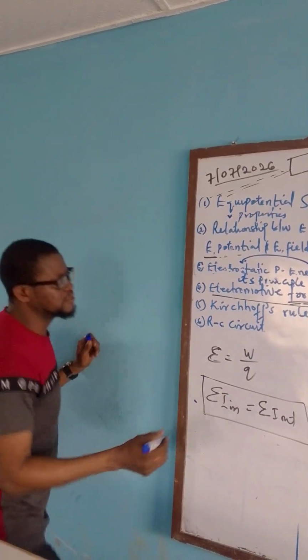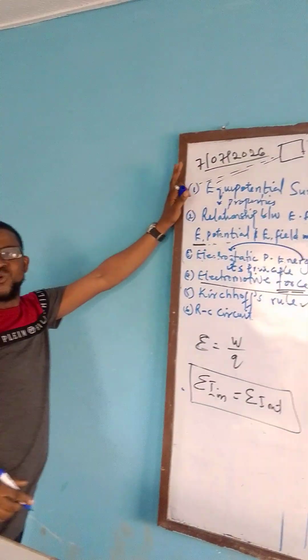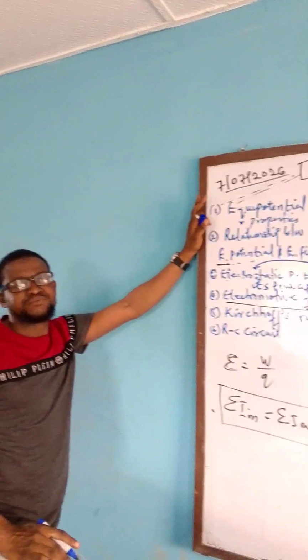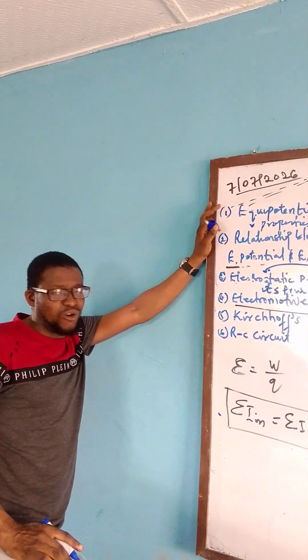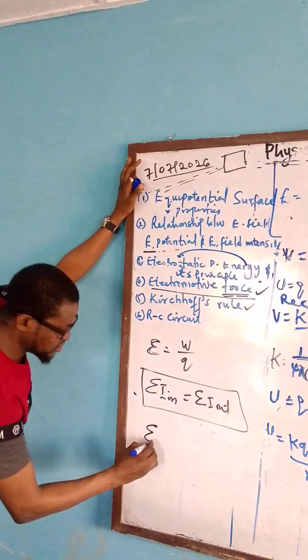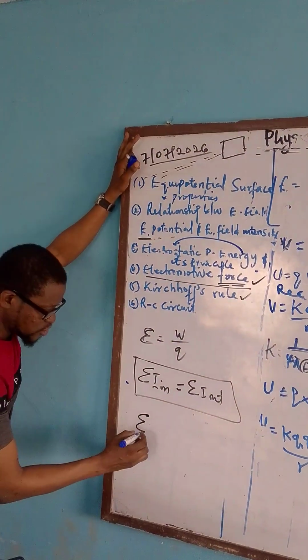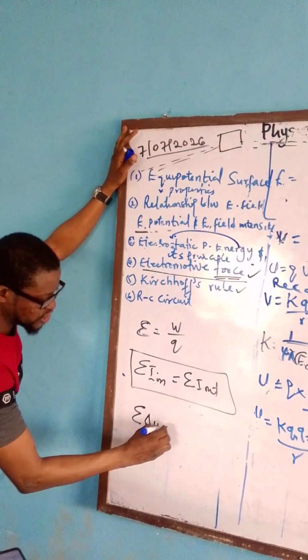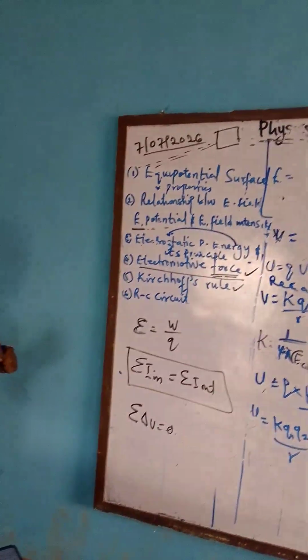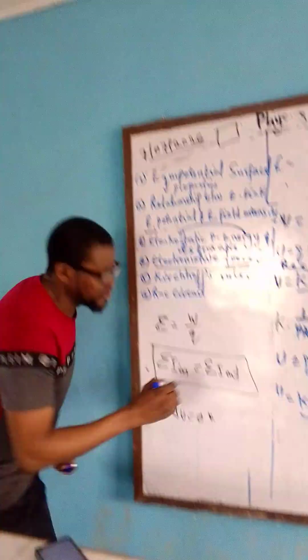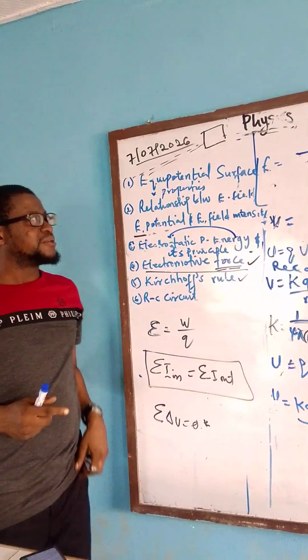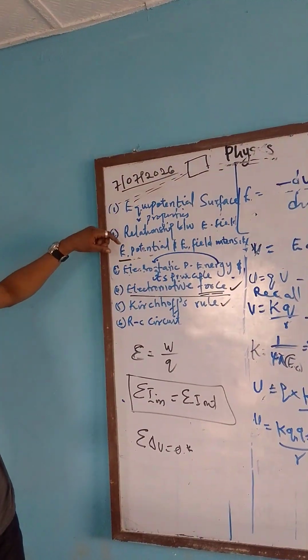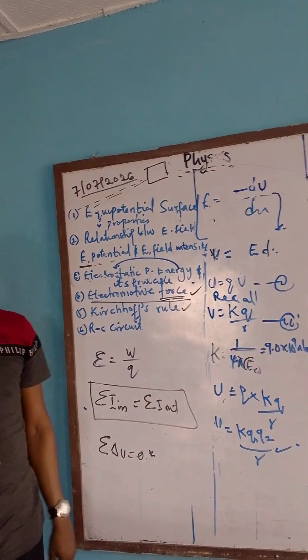Now on the other hand, we have the second Kirchhoff law, which is now a voltage law. We also call that one loop law. So the voltage law says that the sum of the change in voltage must be equal to what? 0. I think I've been able to prove this one when I was talking about properties of equipotential.